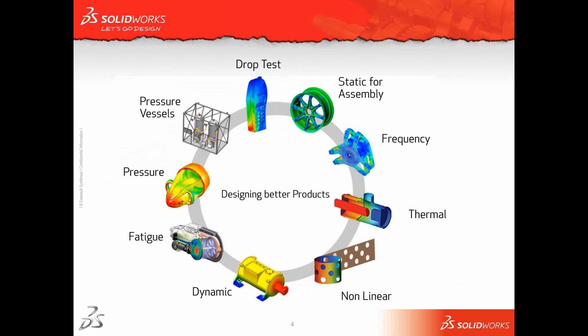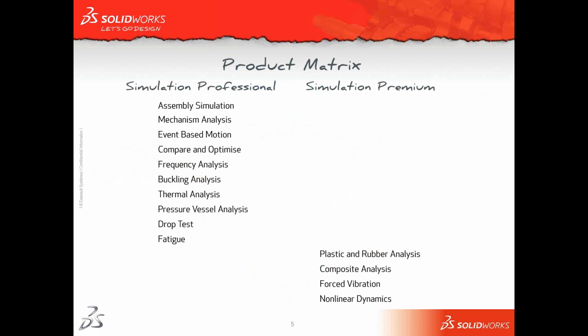We can do frequency, thermal, fatigue, pressure vessels and drop test in Simulation Professional, and then dynamic and nonlinear in Simulation Premium. If you take a look on the screen now, just to re-emphasize which product suite certain types of simulations fit into, that will give you an indication of what we can do in each of those.